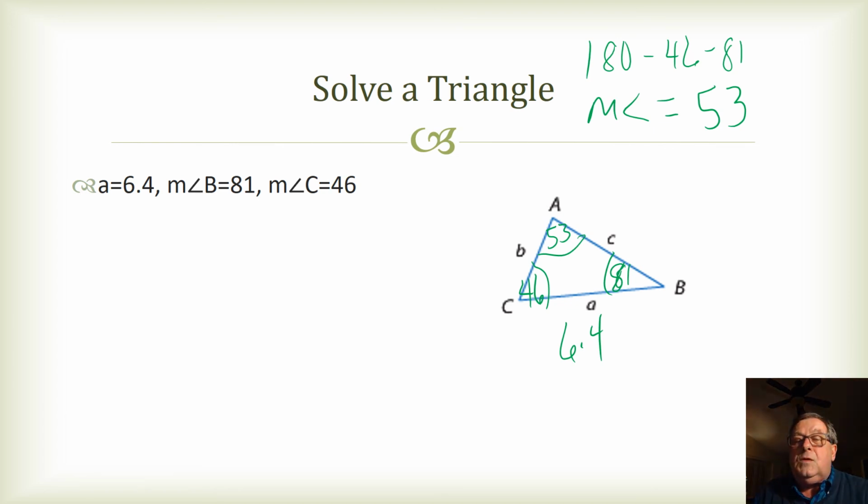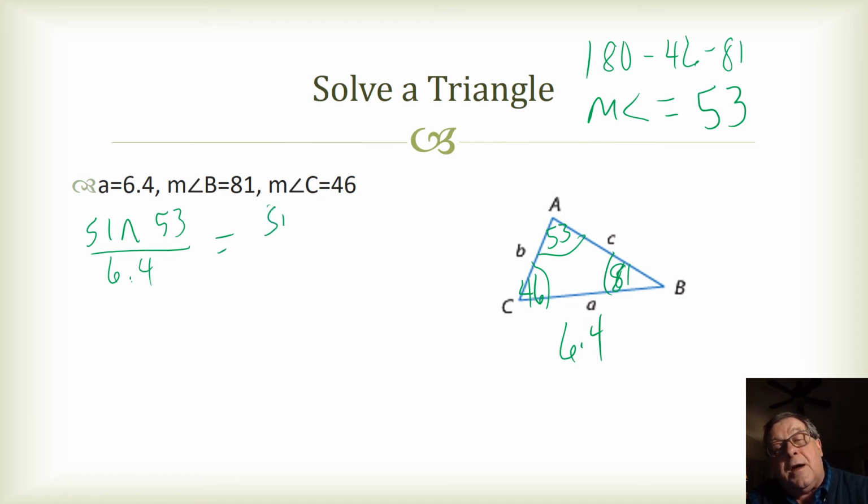So let's find side B. That should be the longest side. It's opposite the biggest angle. So I'm going to just use the law of sines. I'm going to go to the sine of 53 over 6.4 is equal to the sine of 81 over B. Let's do a little cross multiplication. I'll do it in longhand.